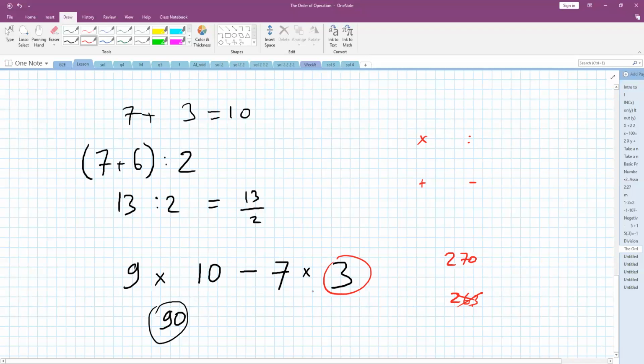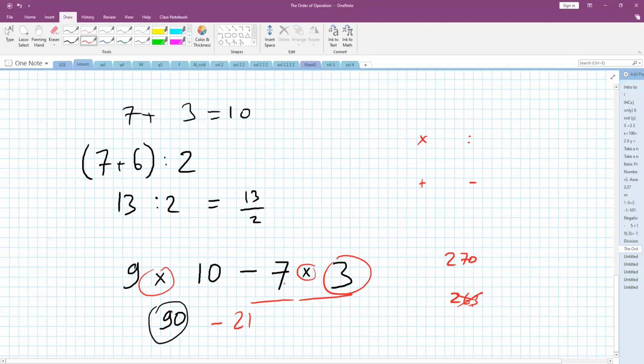So in this case, if you have this 3 multiplied by minus 7, this will give you minus 21. So you do not multiply 90 by 3 and then subtract 7, even though they are all multiplication.